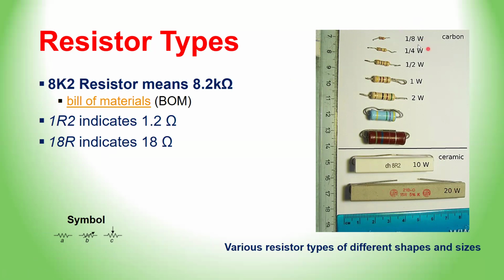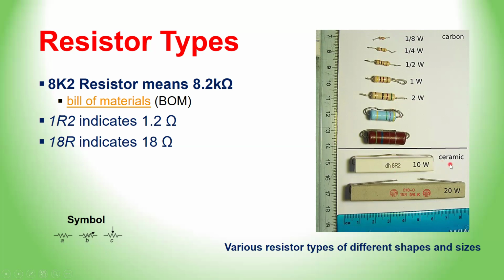All these resistors are called carbon resistors, and they come in different power ratings. This is 1/8 watt power rating. This is quarter watt. This is half watt. This is 1 watt. Here is 2 watt, and so on and so forth.